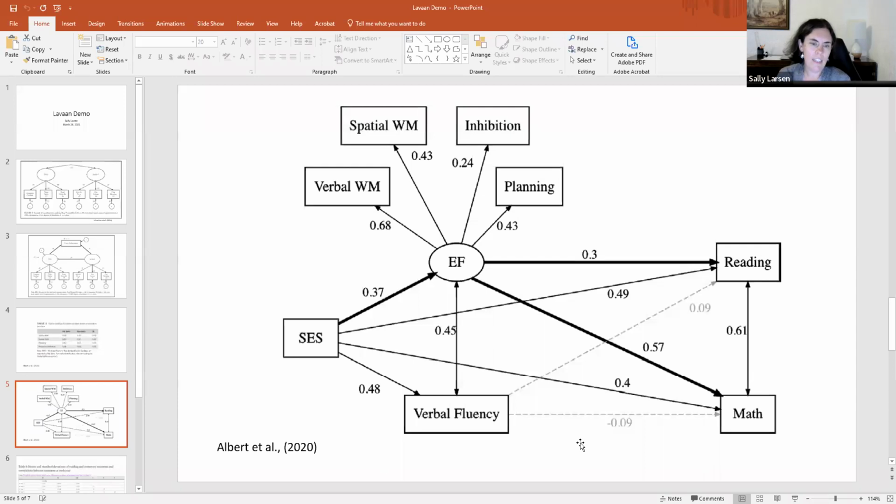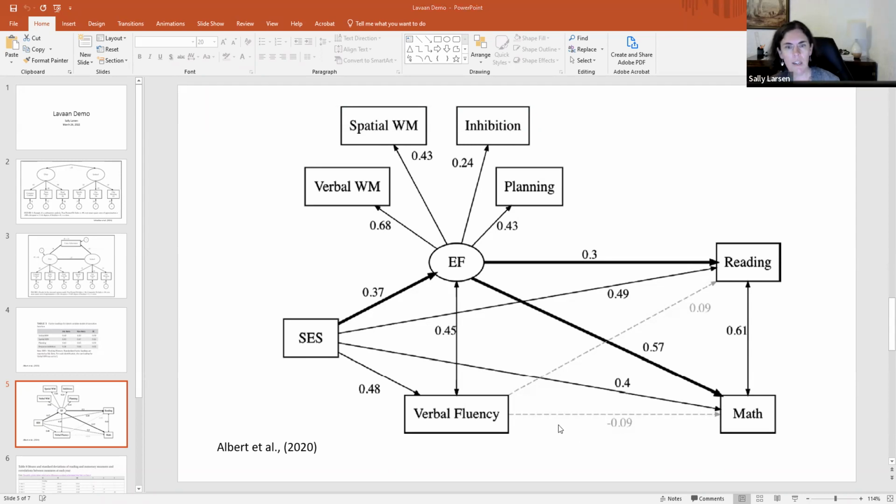If you didn't have those paths between SES and reading and SES and maths, you could look at mediated pathways from SES through executive functioning, for example, to reading. But because SES predicts reading, there's kind of no point doing it because all those pathways are coded in.